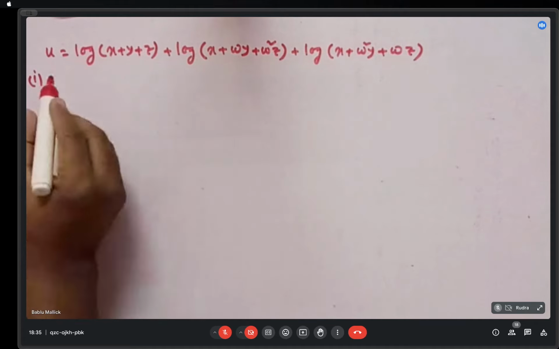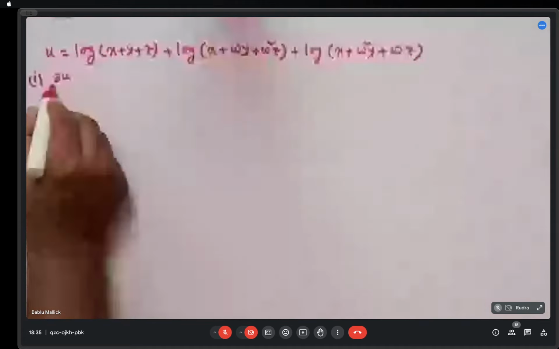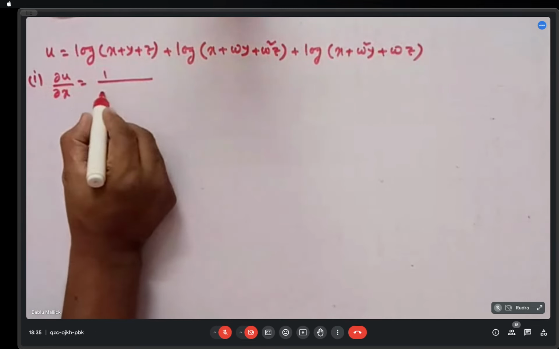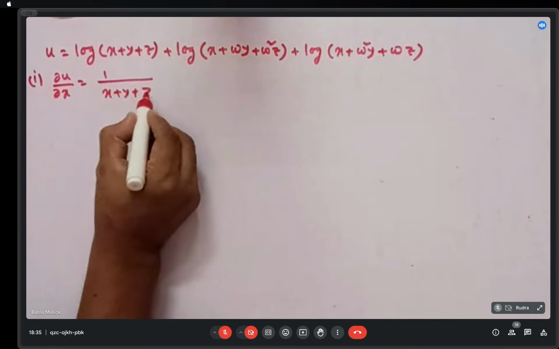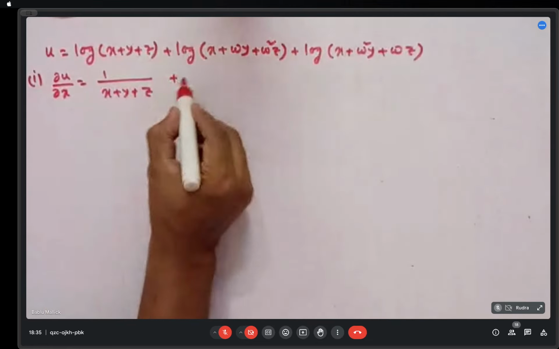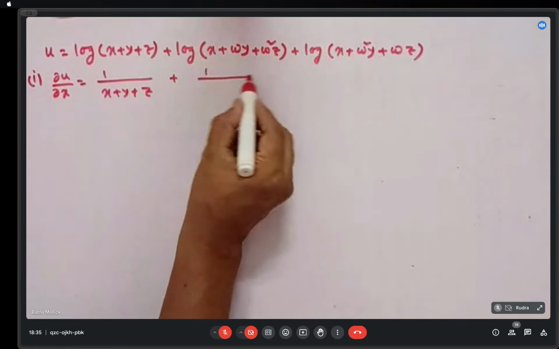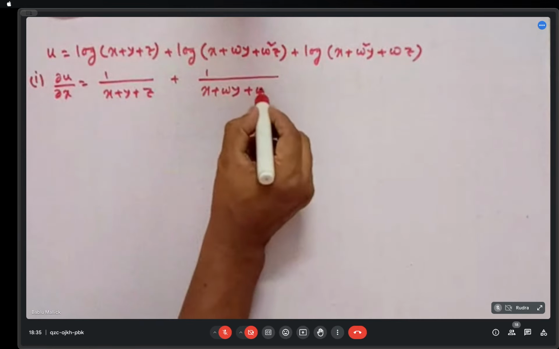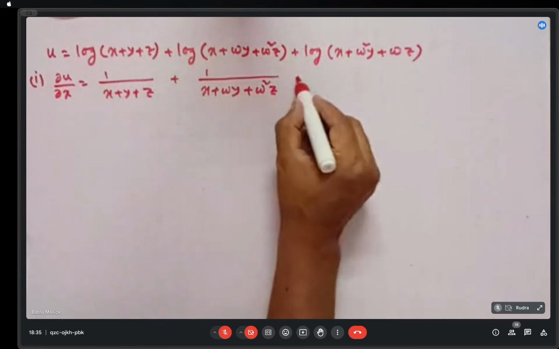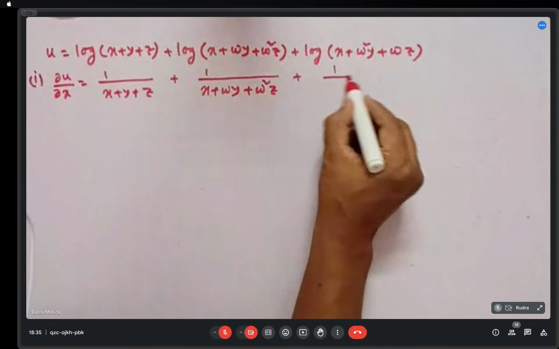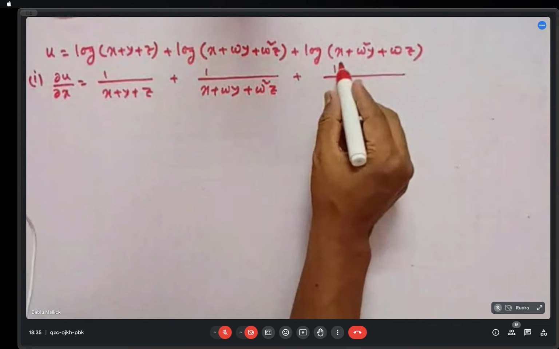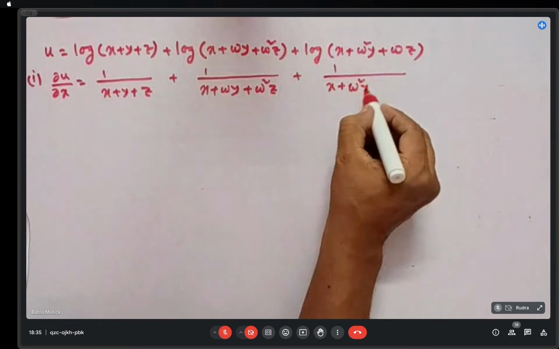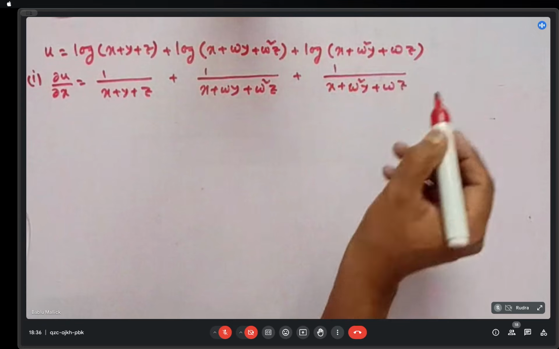So del u by del x is equal to this is 1 by x plus y plus z plus 1 by x plus omega y plus omega square z. This derivative is with respect to x derivative মানে 1 by x plus omega square y plus omega into z.